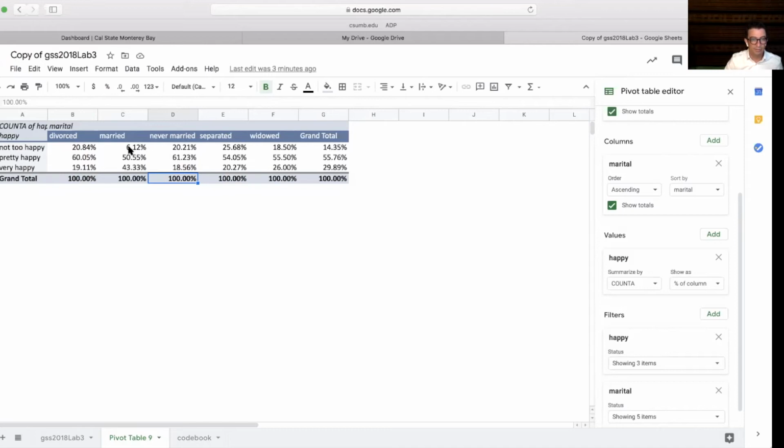And for the not too happy, it's about 14 percentage points. So we would say that there is a strong relationship between happiness and marital status. Now, interestingly, those who are divorced, their distribution of happiness is about the same as those who were never married, right? They're pretty similar, and they're both very different to those who are married.